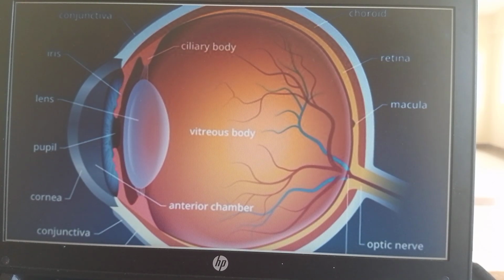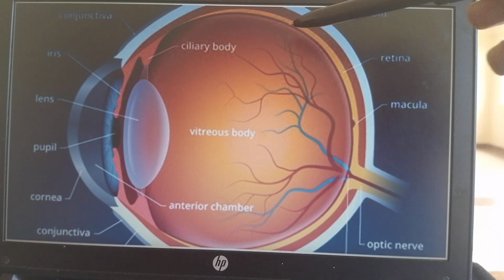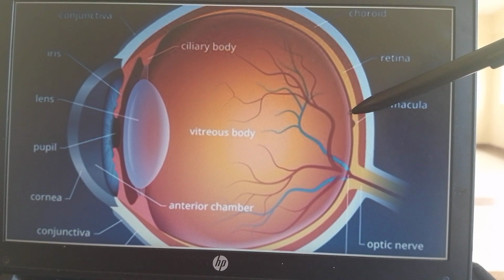Actually, the primary visual cortex, what we refer to as Brodmann Classification Area 17, for interpretation of the signals and visualization. So you need to know we have high concentration of photopigments and photoreceptors in this point here.